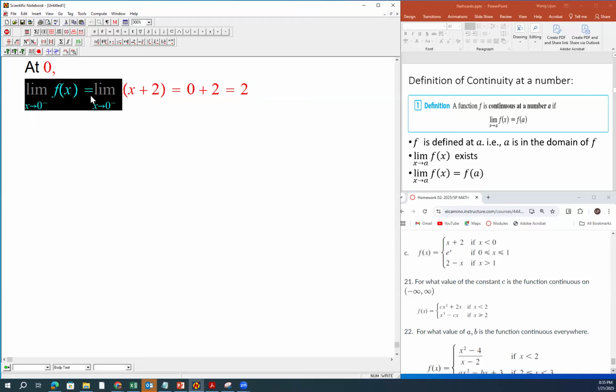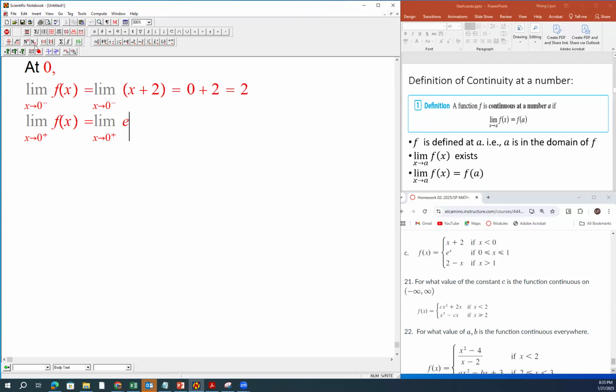And then we're going to look at the limit of the function when x is approaching 0 from larger than 0. And this time, the rule of the function, for x greater than or equal to 0, is e to the power of x. So that's going to be a direct substitution, e to the power of 0 equals 1.